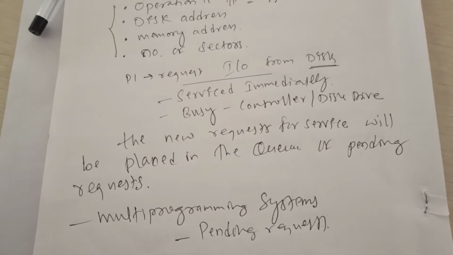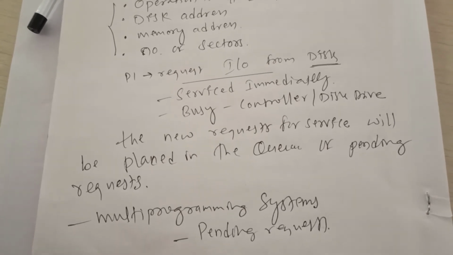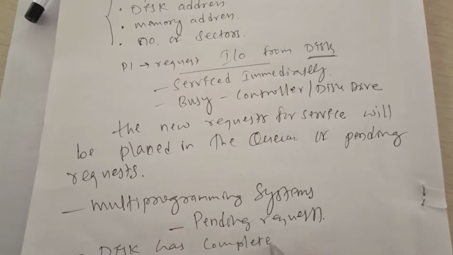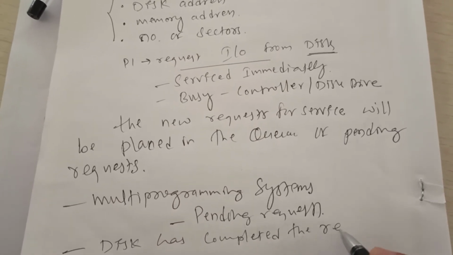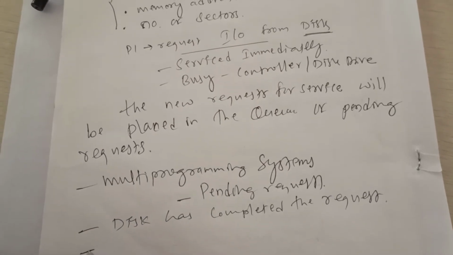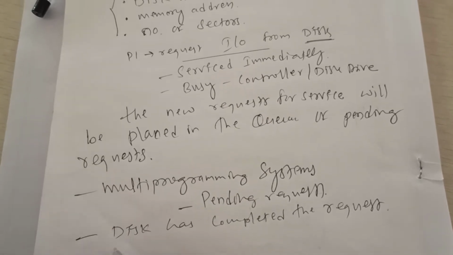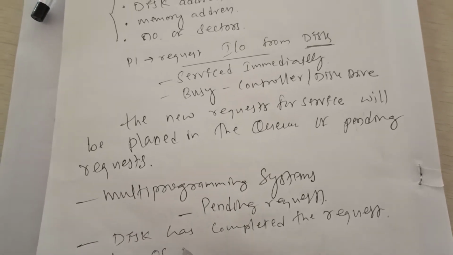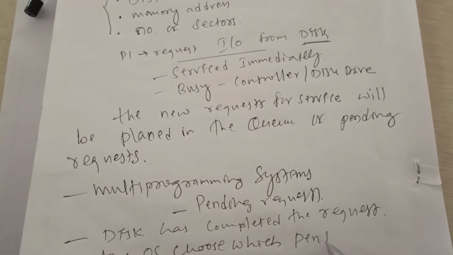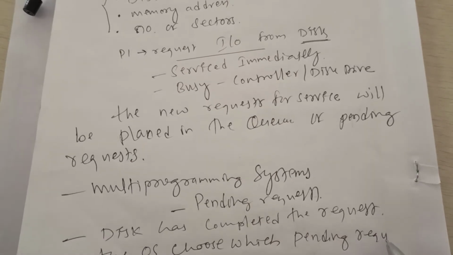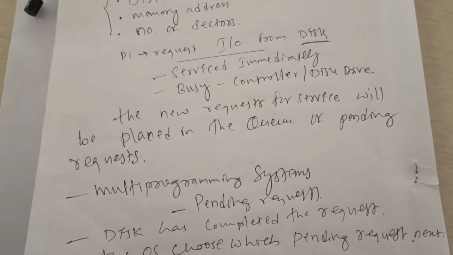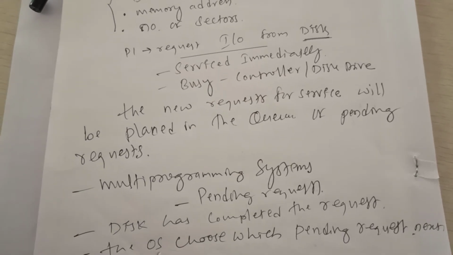Therefore, when the disk has completed a request, the question is: when a request is completed, the operating system chooses which pending request next. Which request will be serviced by the operating system?